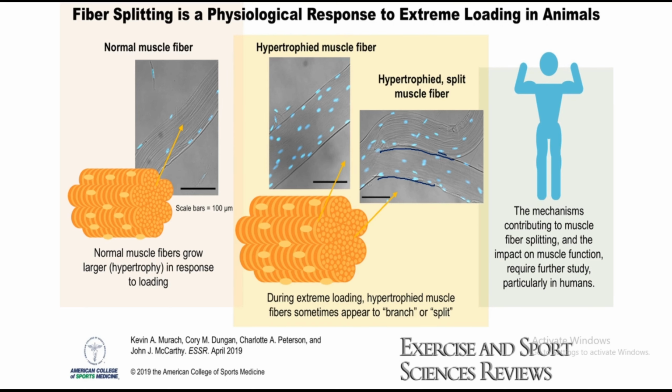This slide shows fiber splitting is a physiological response to extreme loading, particularly in animals. Scientists have also shown that humans have such hypertrophied muscles with the splitting process in regular training as an adaptive mechanism.